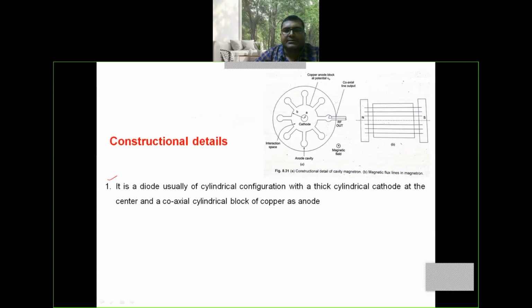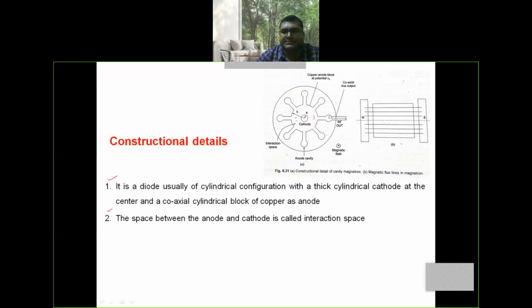It is a diode, usually of cylindrical configuration, with a thick cylindrical cathode at the center, and a coaxial cylindrical block of copper as anode. The space between the anode and cathode is called interaction space.